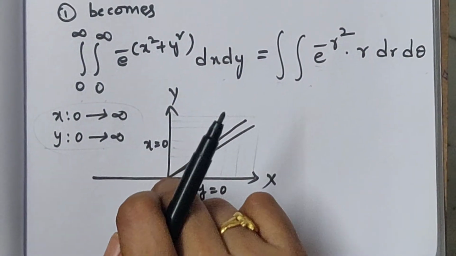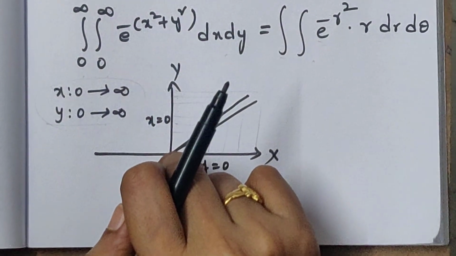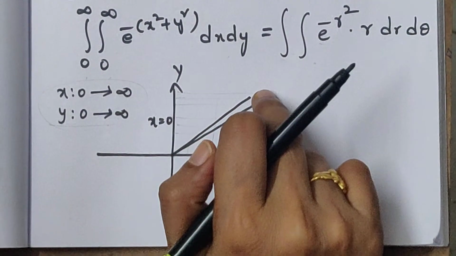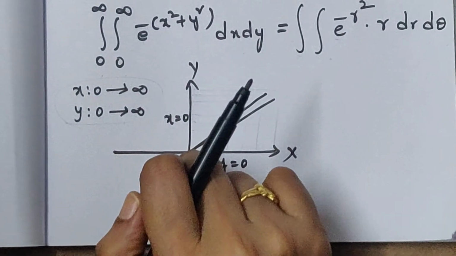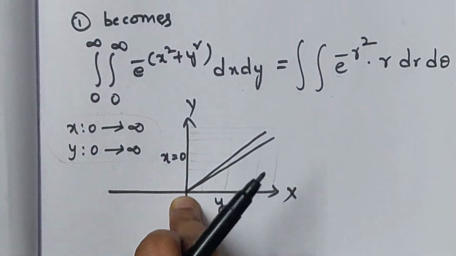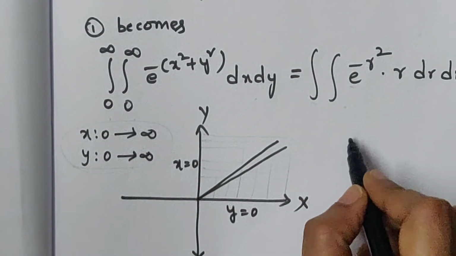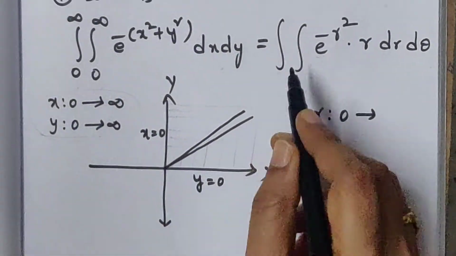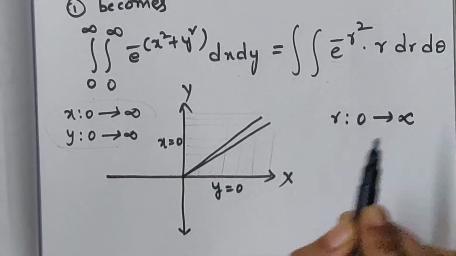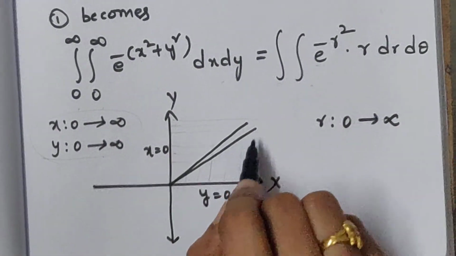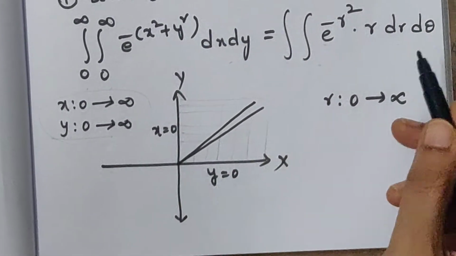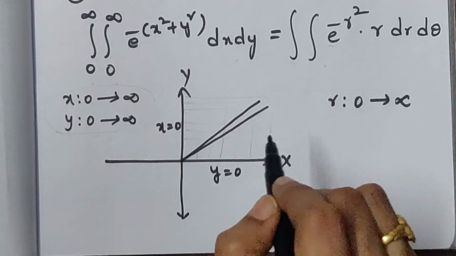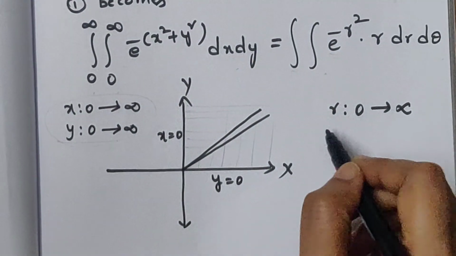Clearly, the radii vector starts from the origin and passes through the region of integration. Origin also is involved in the region of integration. So r limits are from 0 to infinity, since the first quadrant is an infinite region. There is no boundary for the radii vector to exit from the region of integration. So r limits 0 to infinity.